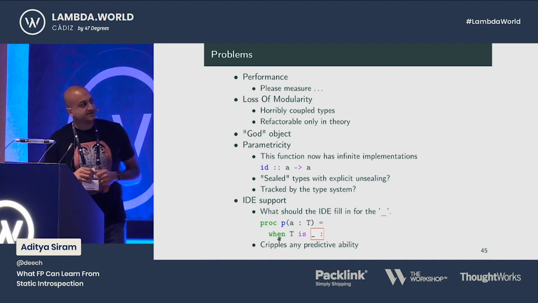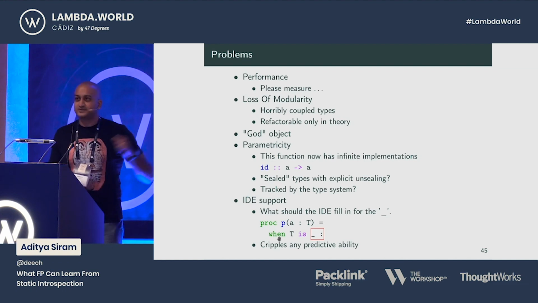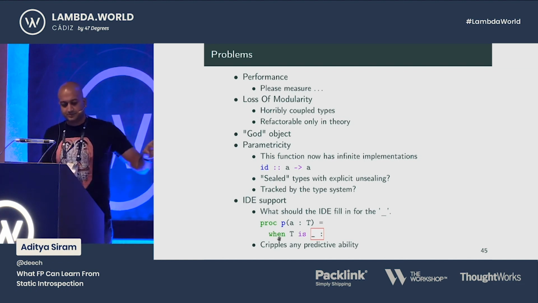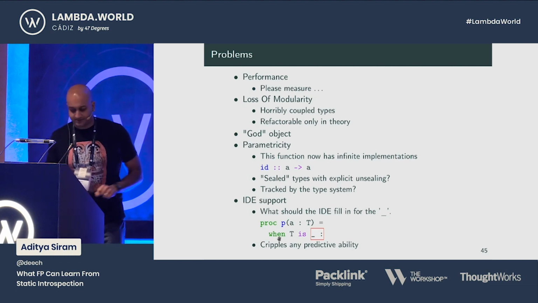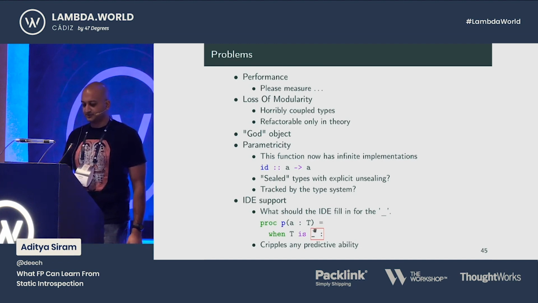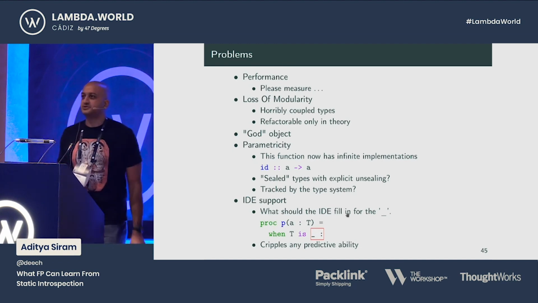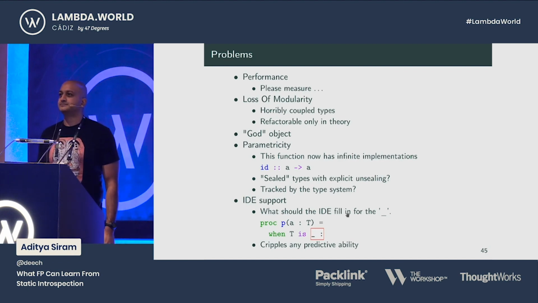The other thing is I was talking about tooling support and how this is superior to IDEs. But in some ways, it cripples an IDE. Given that snippet of code down there, it's just a proc that takes some generic thing T, and it says when T is, what should the IDE do for that underscore?